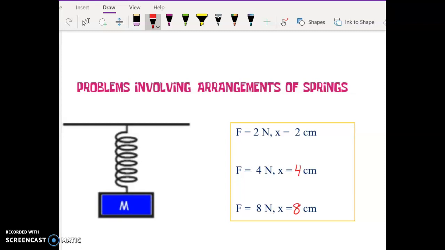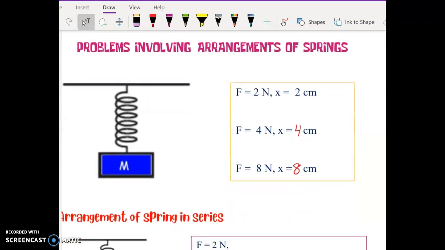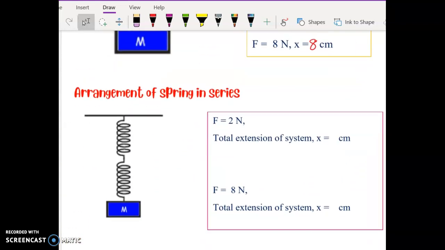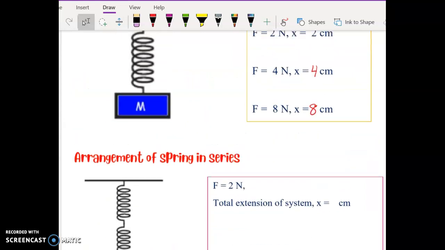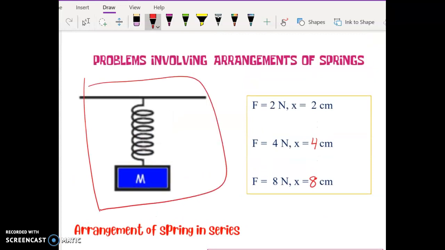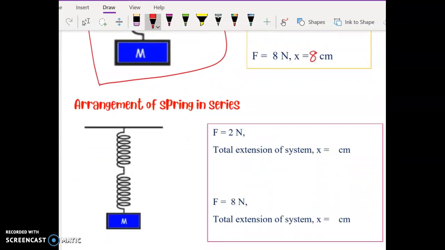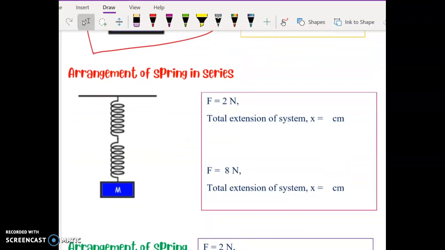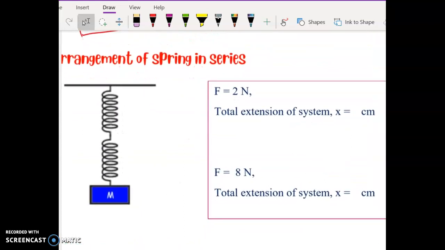Now what if I have two springs and I arrange the springs in series? Here I have two identical springs, similar to the standard one, but arranged in series. Let's say I place a load of 2 Newton.